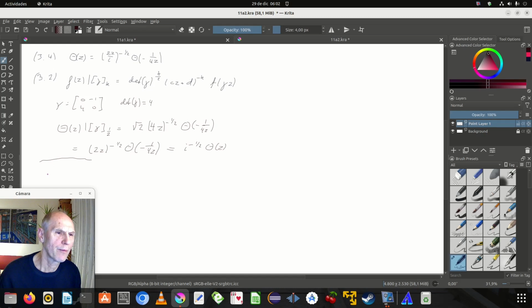If we have f of z k1 times g of z, the same gamma, but another order, then it's actually f times g of z to k1 plus k2.